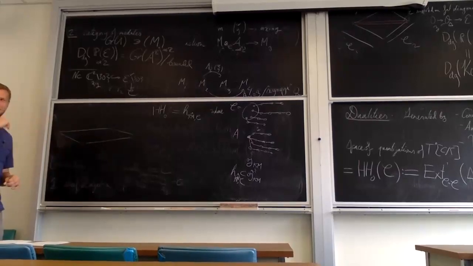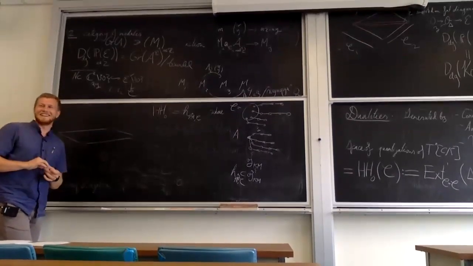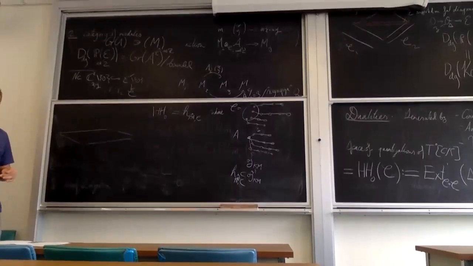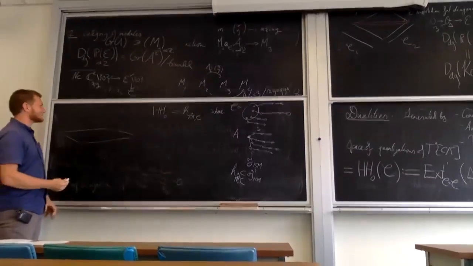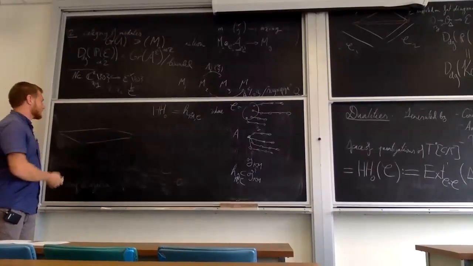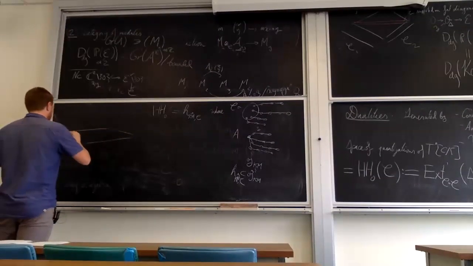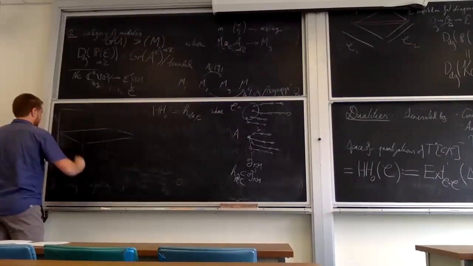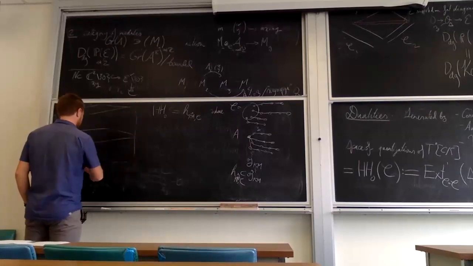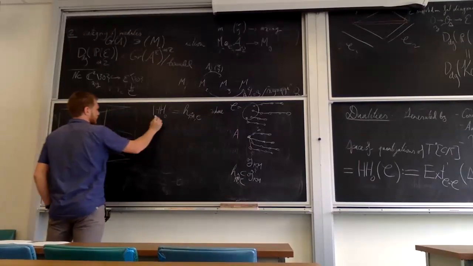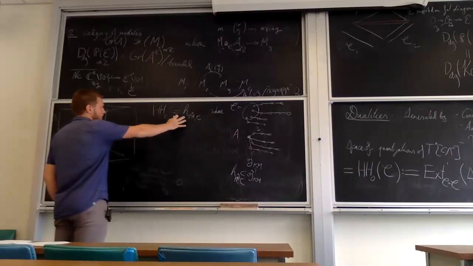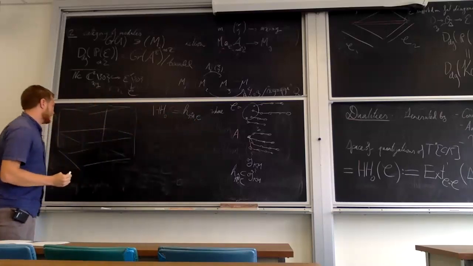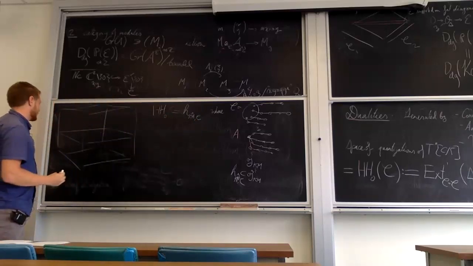So I put it on the board actually. So how do I want to think of this? We have some sort of large space, which is the zeroth Hochschild homology of our curve, which is also going to be the Cartan of this Kac-Moody algebra.